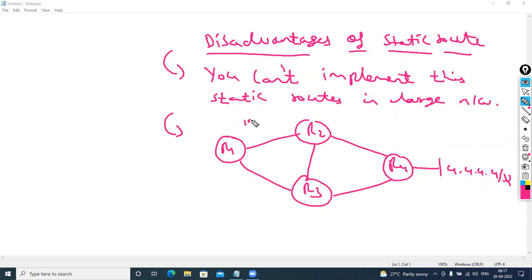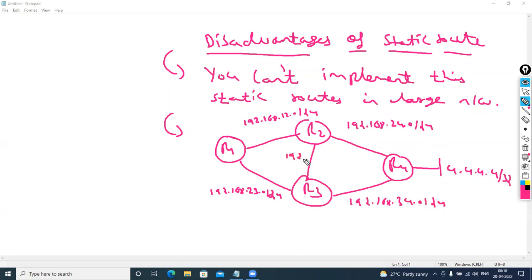Let us consider 192.168.12.0/24, 192.168.23.0/24, 192.168.24.0/24, and 192.168.34.0/24.